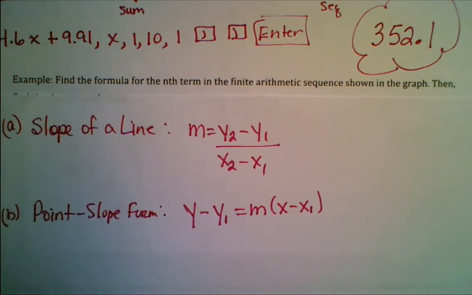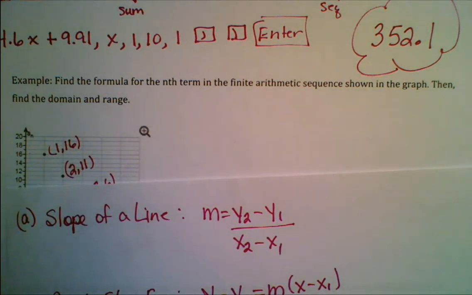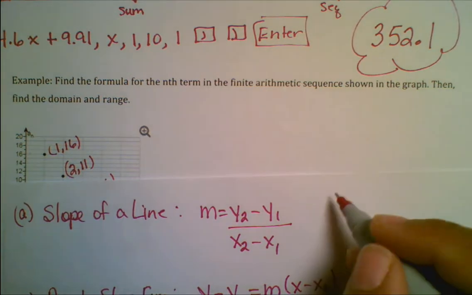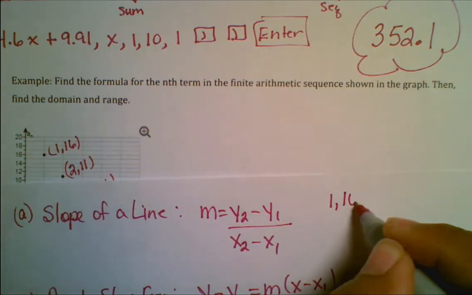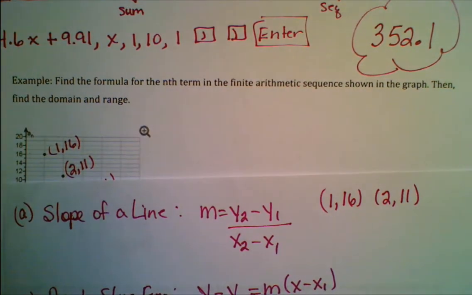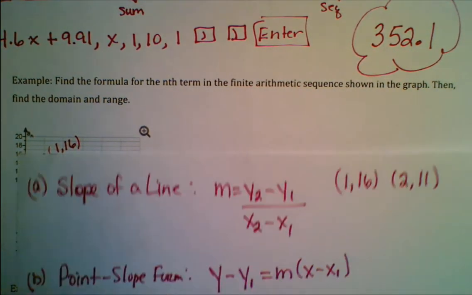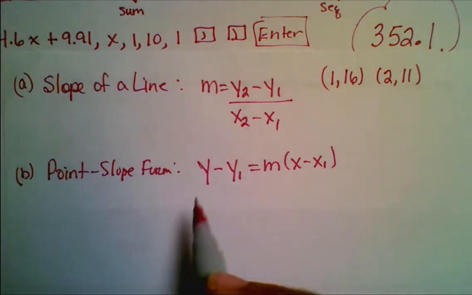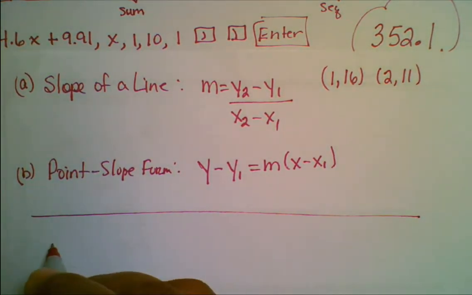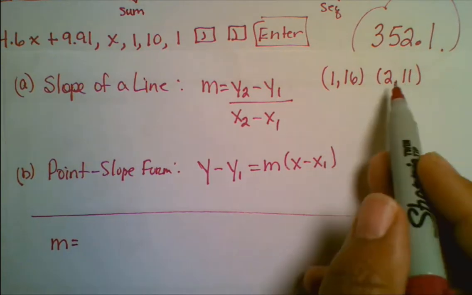All right, so to find the slope, find two points. We can use the first two points, (1, 16) and (2, 11). We can use those to find the slope. To find the slope, we're going to subtract the coordinates.